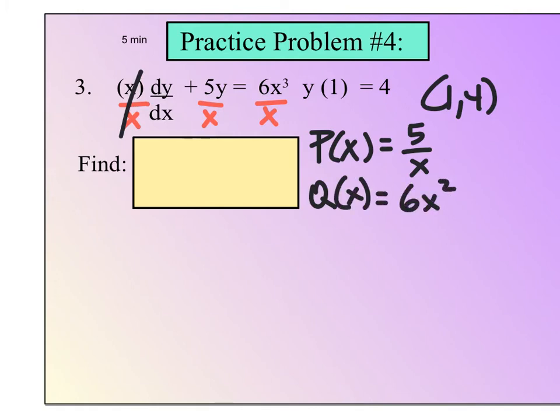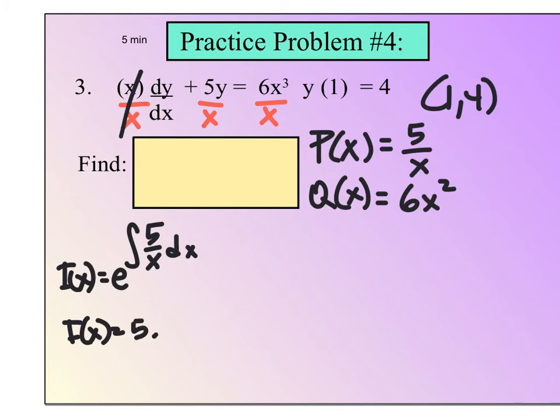There we go. So if I want I of x, I take e to the integral of 5 over x dx. So it looks like I of x is equal to 5 times the natural log of x.